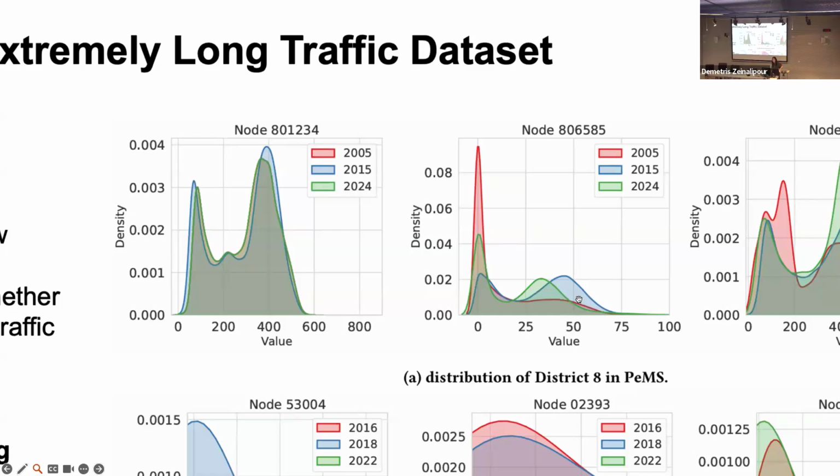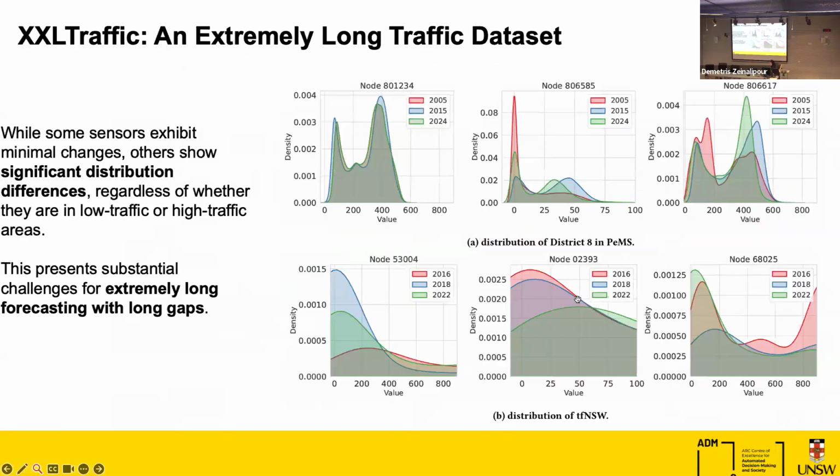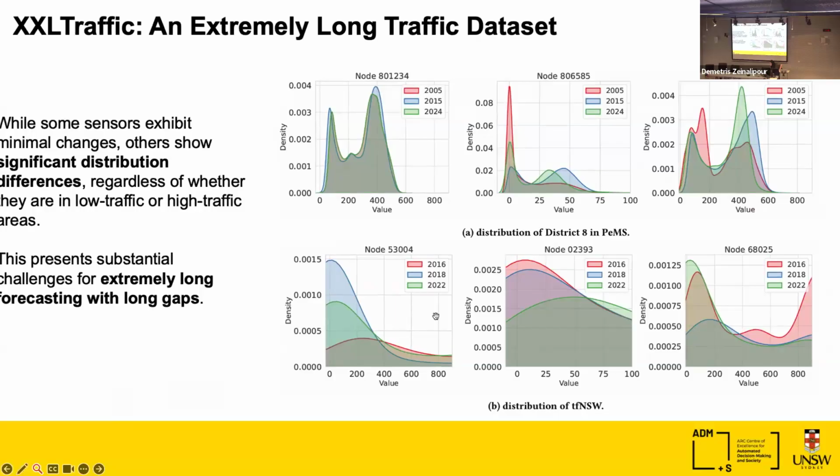It's the same sensor. Some could be quite similar, but some are quite different. Even some of the changes are quite visible before, during, and after COVID. Some patterns are completely different for each of the sensors. So if you want to study long-term forecasting, this is a good data set for you to look at.